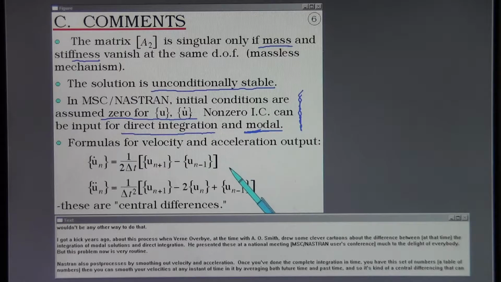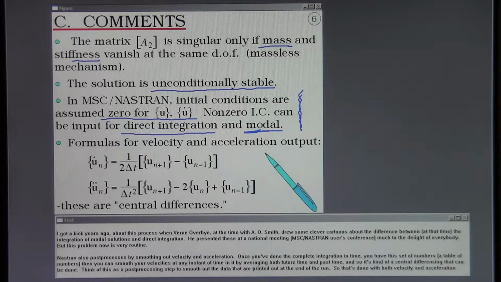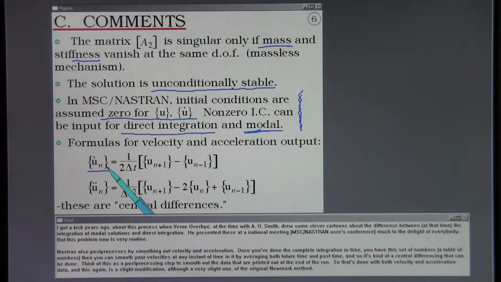Nastran also post-processes by smoothing out velocity and acceleration. Once you've done the complete integration in time, you have this set of numbers, a table of numbers. Then you can smooth your velocities in any instant of time n by averaging both future time and past time.